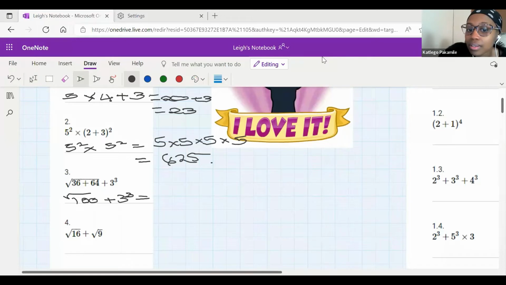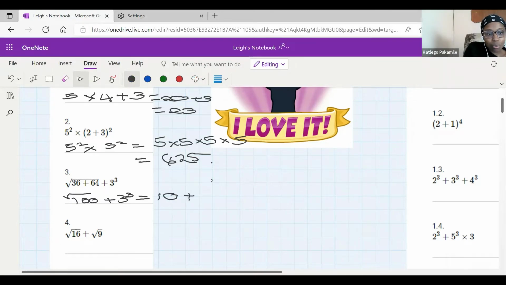Is it 10? Yes, it is 10. See, you guys shouldn't keep quiet. You know the answer. Okay, thank you, Lissetti. The square root of 100 is 10.